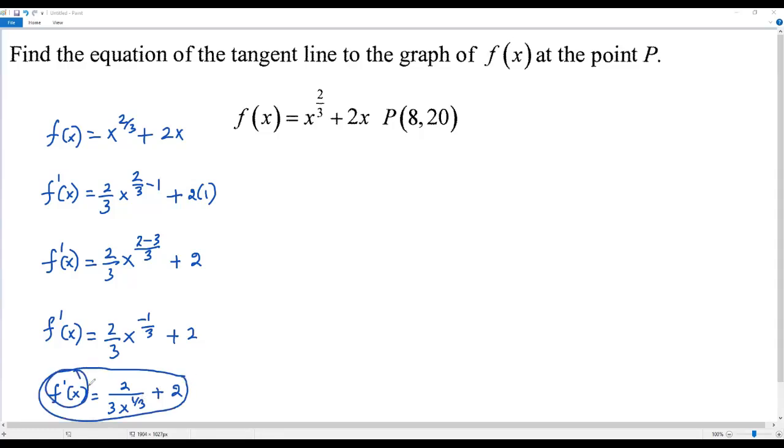This f prime of x gives us the slope of the tangent line, but our aim is to find the slope of the tangent line at the point (8, 20), because they are asking us to find the equation of the tangent line at (8, 20).